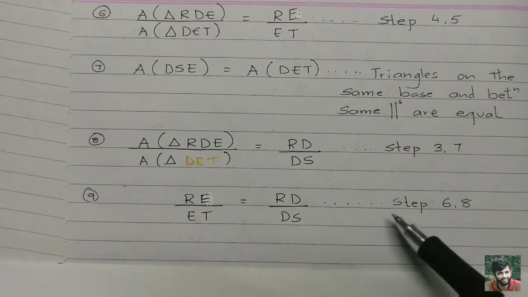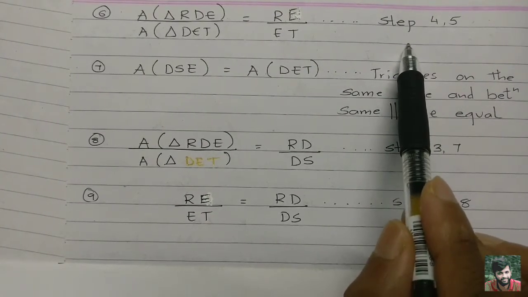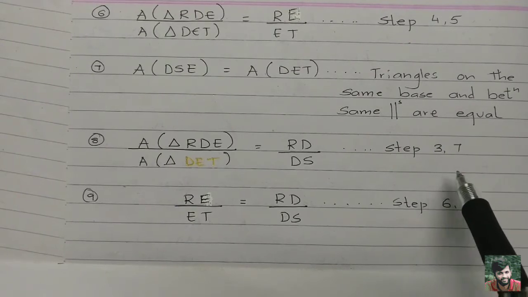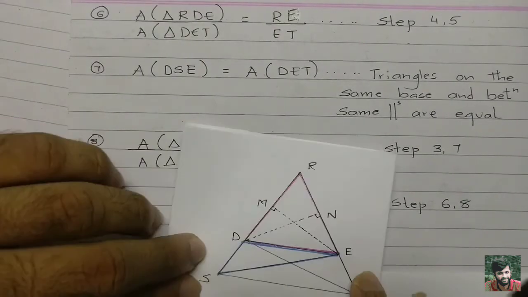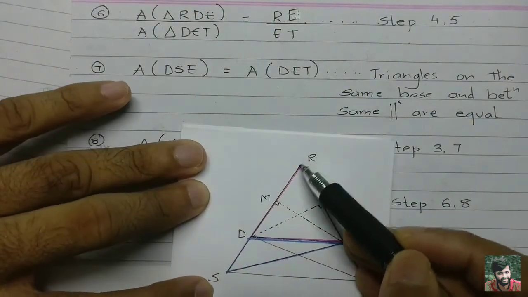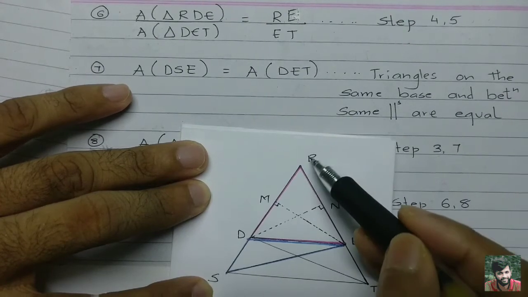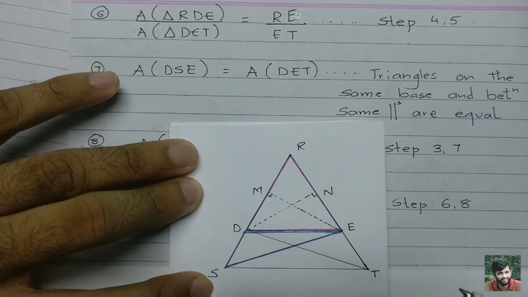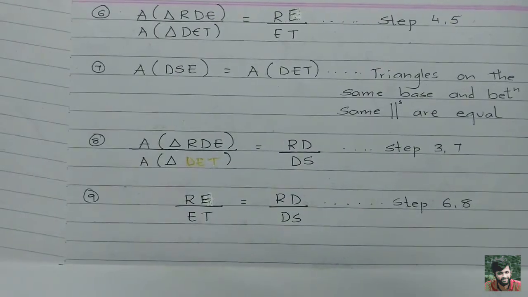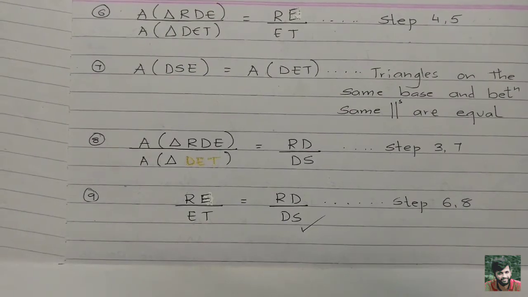And it is from step number 6 and step number 8. And that is what was asked from us, right? So we were supposed to prove that RD upon DS is equal to RE upon ET, that the sides are proportional. And this is the basic proportionality theorem. We have proved it over here.